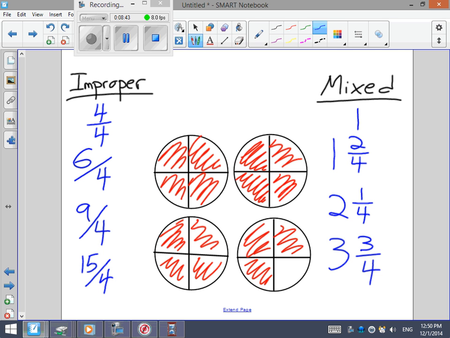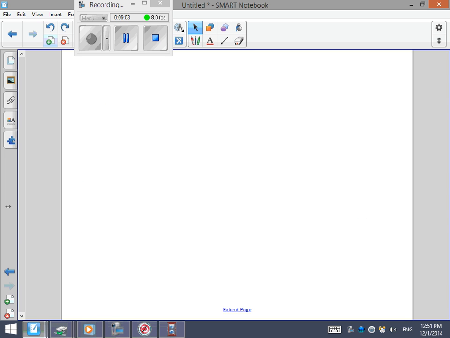And there's only 4 in a pizza. So again, the exact same way to write the exact same amount. There's a different way to write the exact same amount between improper and mixed. But they can both be represented the same way. So we're going to learn about how to go in between those, okay? So yeah, here we go.